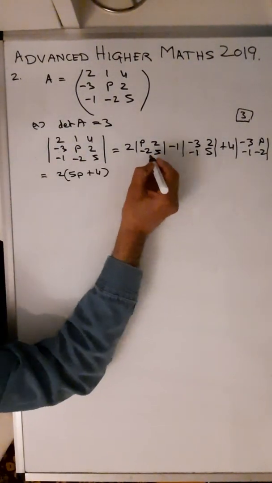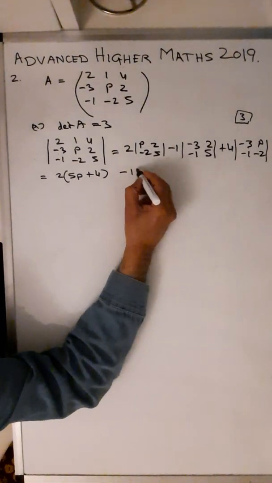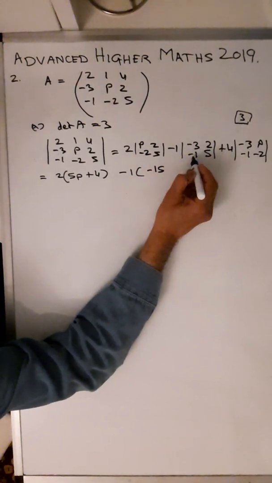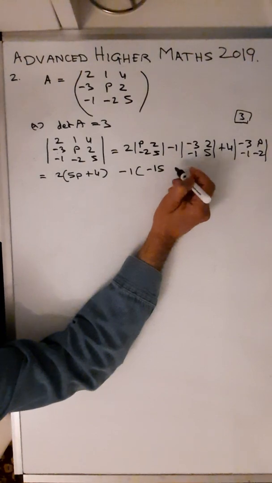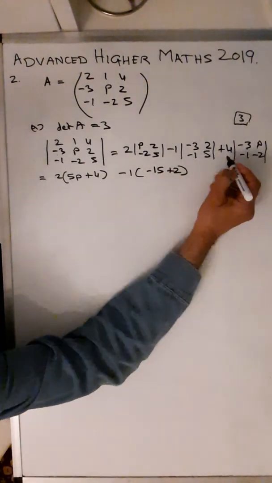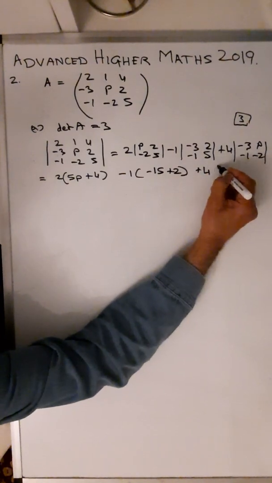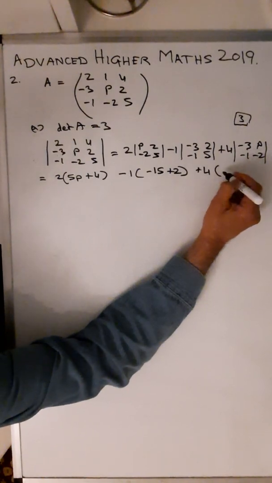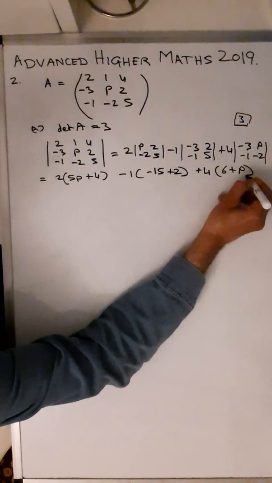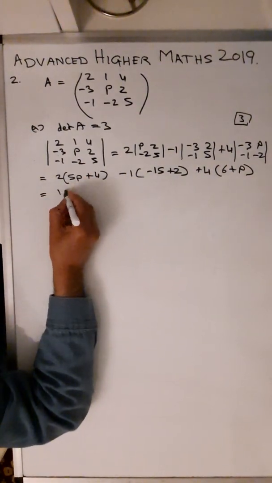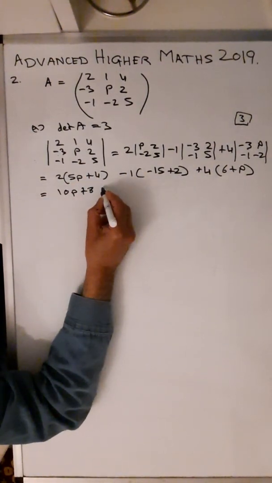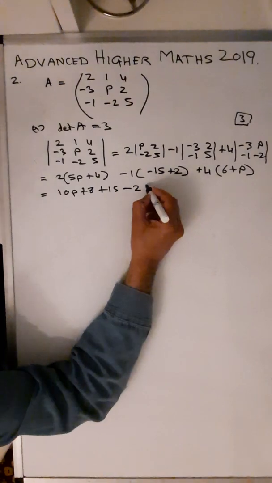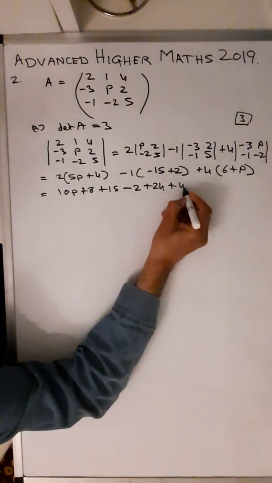So 2 times 5P plus 4, minus 1 times, again, minus 3 times 5 is minus 15, minus 1 times minus 2 is minus 2, taking that away gives you plus 2, and plus 4 times minus 3 times minus 2 is 6, 6 minus P gives you 6 plus P. So what you have here is 10P plus 8 plus 15 minus 2 plus 24 plus 4P.